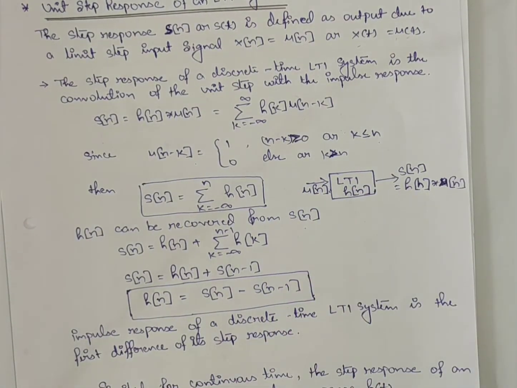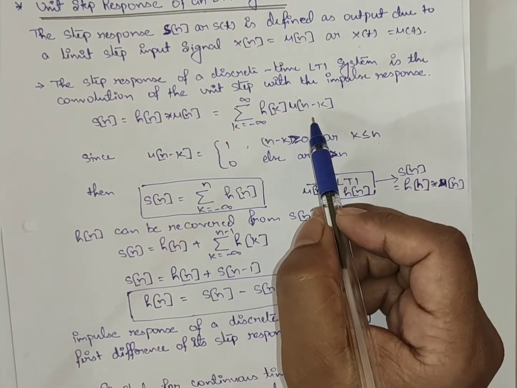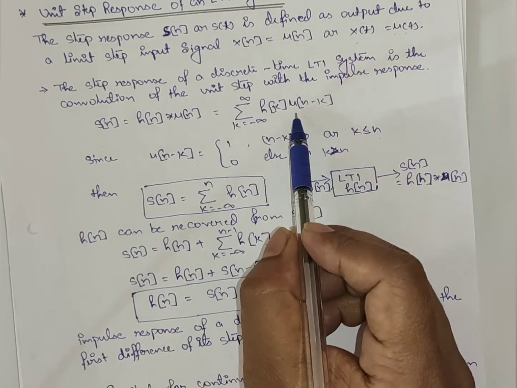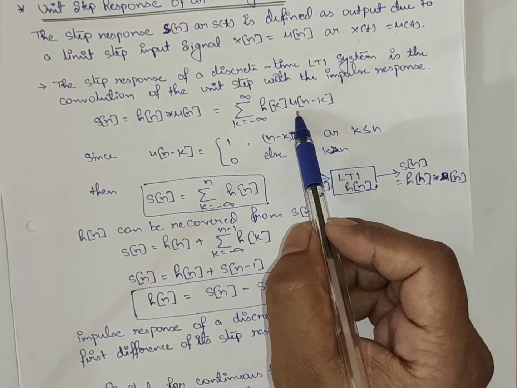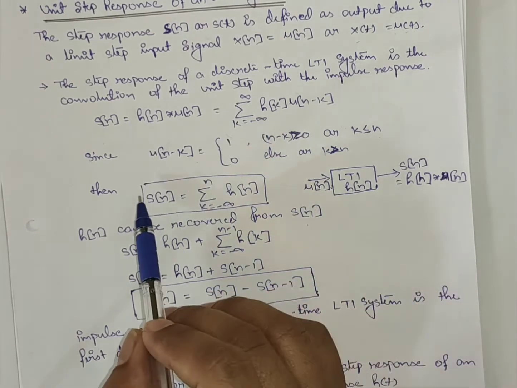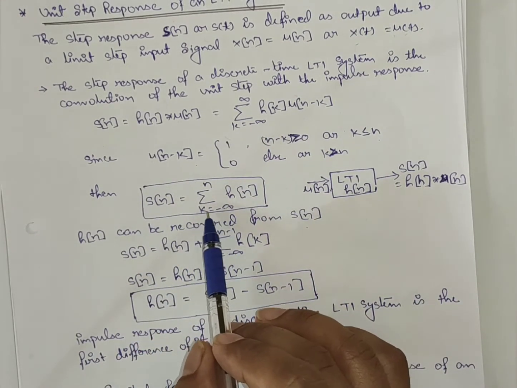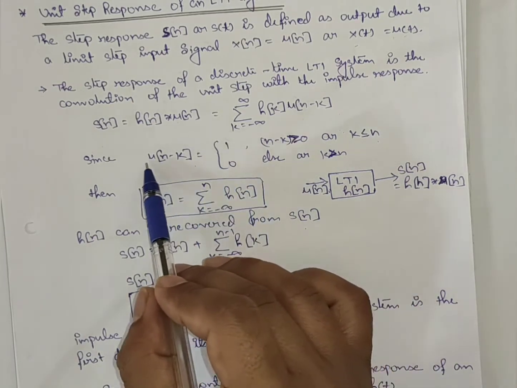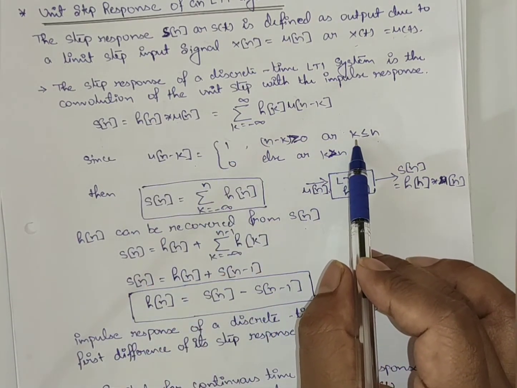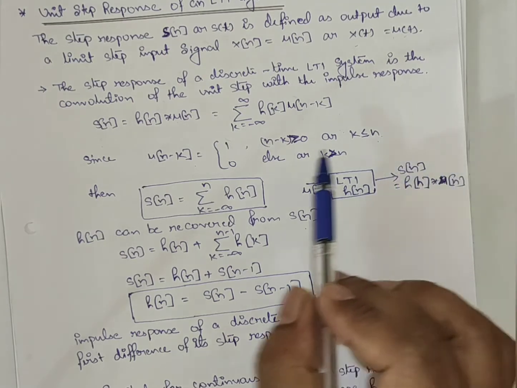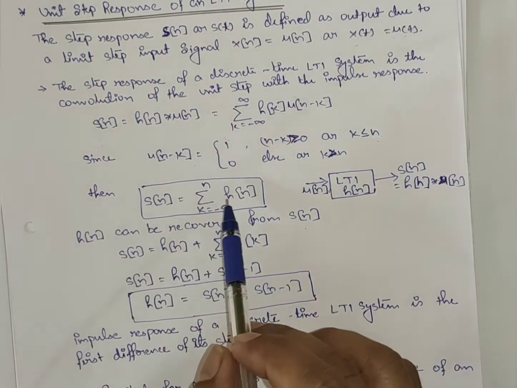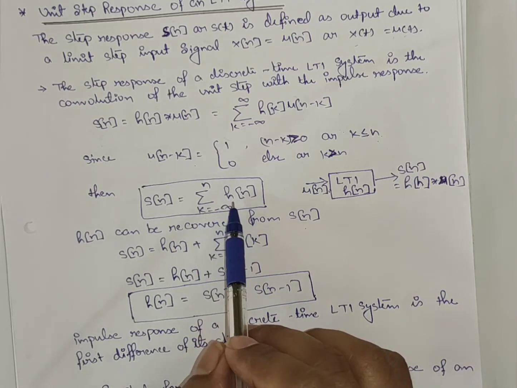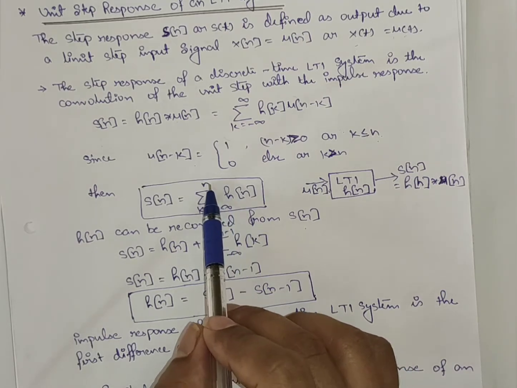Therefore, this is used to change the limit of the summation. Then s[n] is defined for k moving from minus infinity to n, because the magnitude becomes 1 when k is less than or equal to n, and after that it is 0.